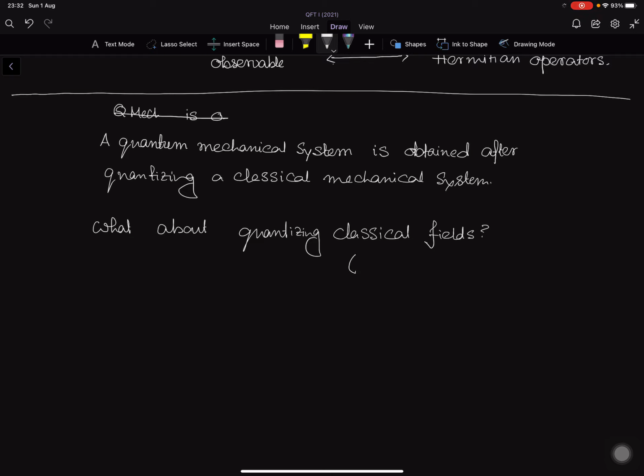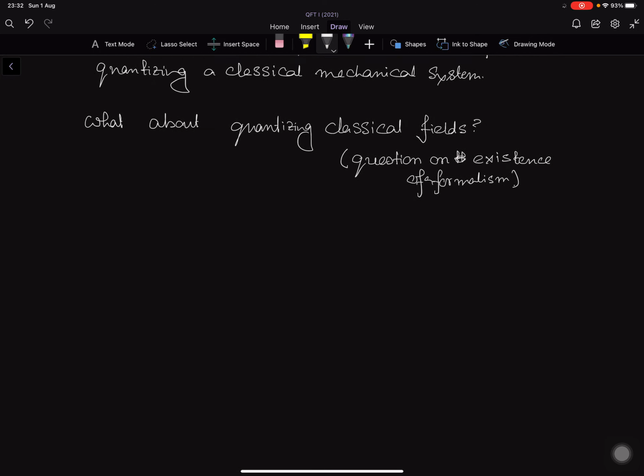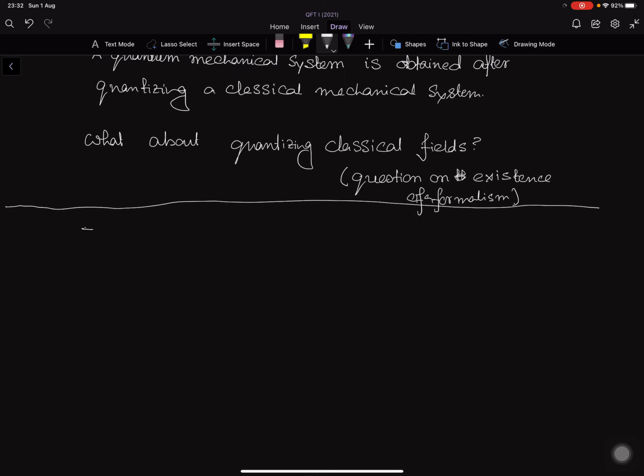This is a question on the formalism, and the answer to this question leads to quantum field theory.